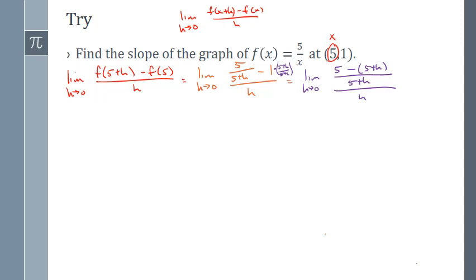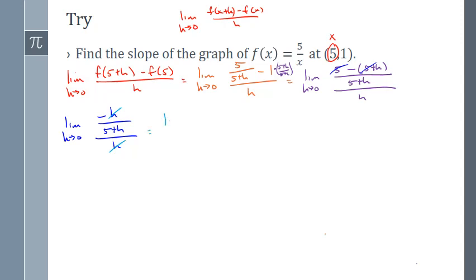Don't forget your parentheses. So that leaves me with the limit as h goes to 0 of, see these 5's are going to cancel, I'm left with negative h over 5 plus h all over h. And we saw on Friday that those will cancel.